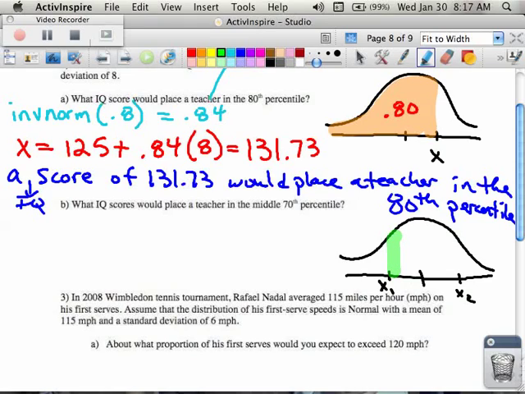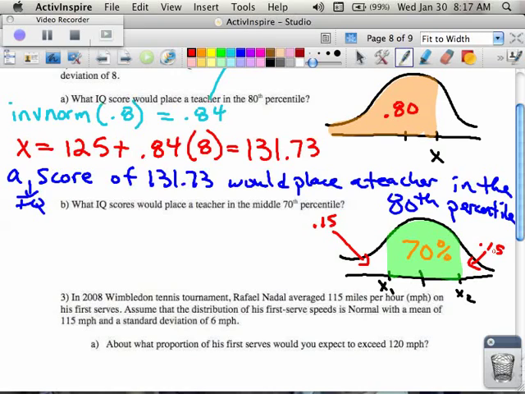And the shaded region in here, and notice the first time I wrote it as a decimal, talking about the proportion, maybe it would have been wiser for me to write down 70th percentile or 70% in the middle. And so in order to figure that out, I know that if that's true, that each of these tails has to have 15%, or in other words, 0.15 as a proportion.